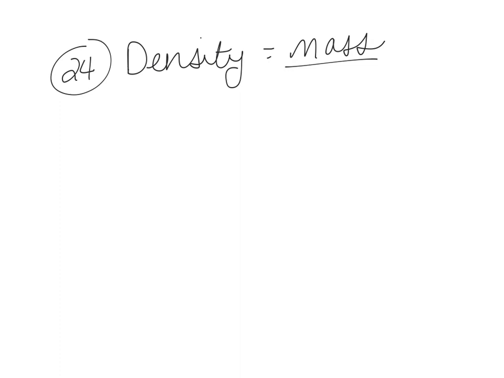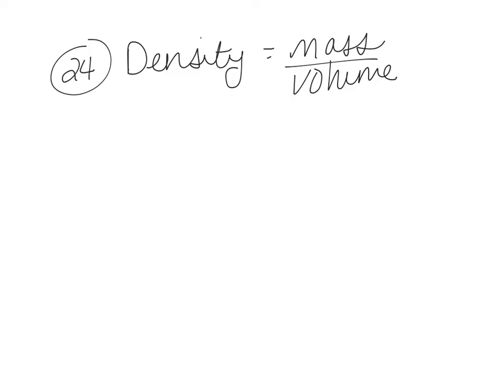All right, next one. The density of calcium carbonate in coral reefs is 2 times 10 to the 3rd kilograms per meter cubed. If the calcium carbonate in the reef weighs 4 times 10 to the 8th kilograms, what's the volume? This was on an AP test one year on an FRQ, and it expects you to remember, because you've been learning this since junior high, that density is mass over volume.